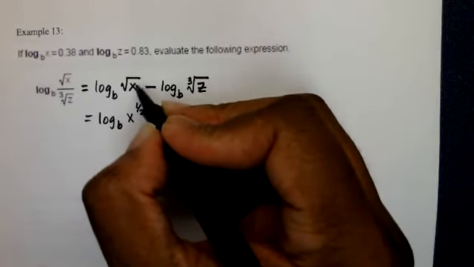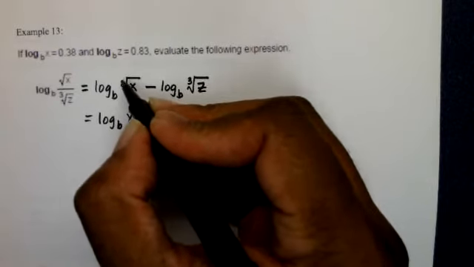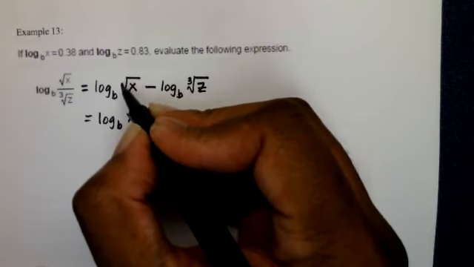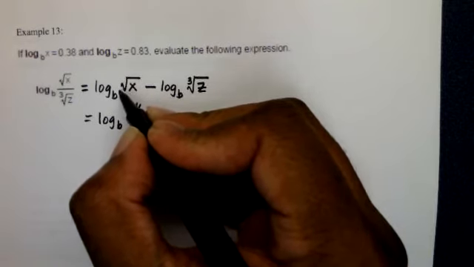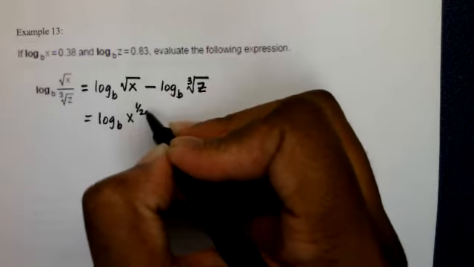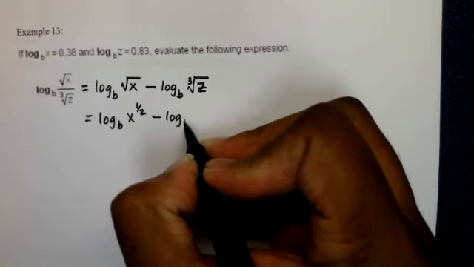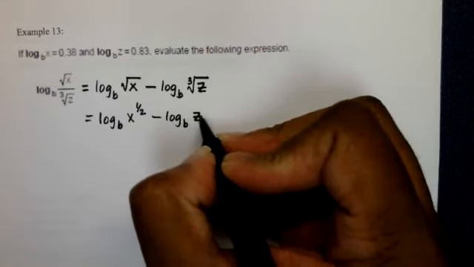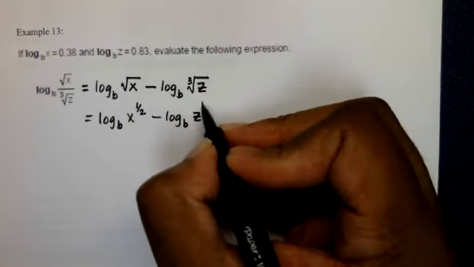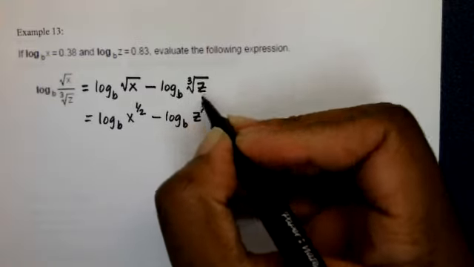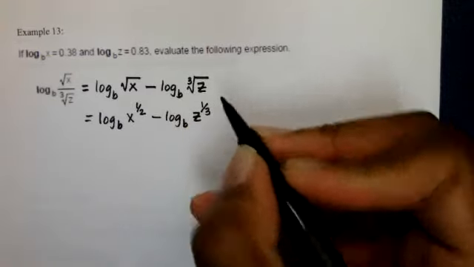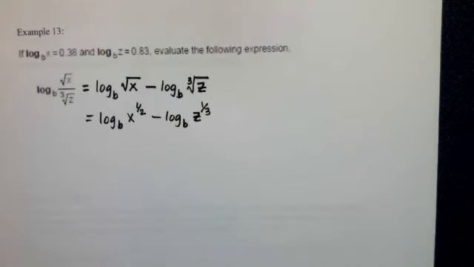The 1 comes from the exponent of x. The 2 is that understood index in the square root. So square root of x will be x to the 1/2. Then minus log to the base b of z. The exponent for the z is the understood 1 over the index of this radical, 3. So the cube root of z will be z to the 1/3 power.